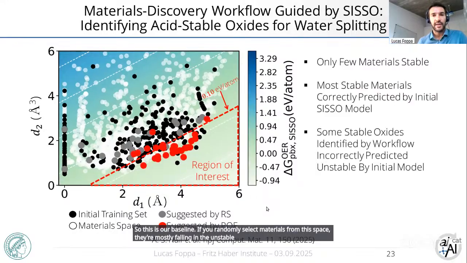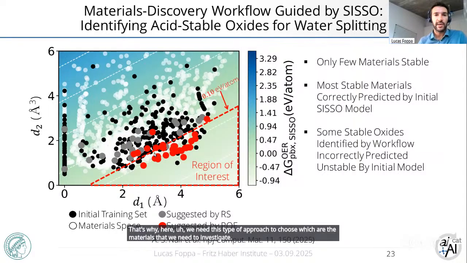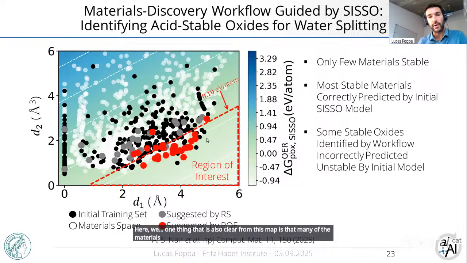That's why we need this type of approach to choose which are the materials that we need to investigate. One thing that is also clear from this map is that many of the materials that we discovered were already predicted to be stable from the initial map. So we would not need to add more data to get these materials correctly.